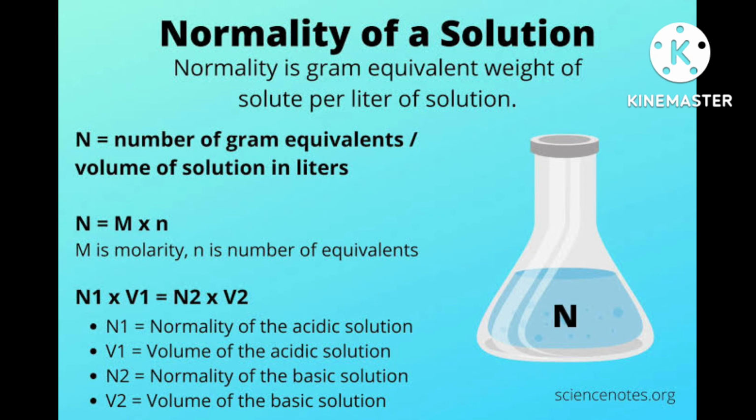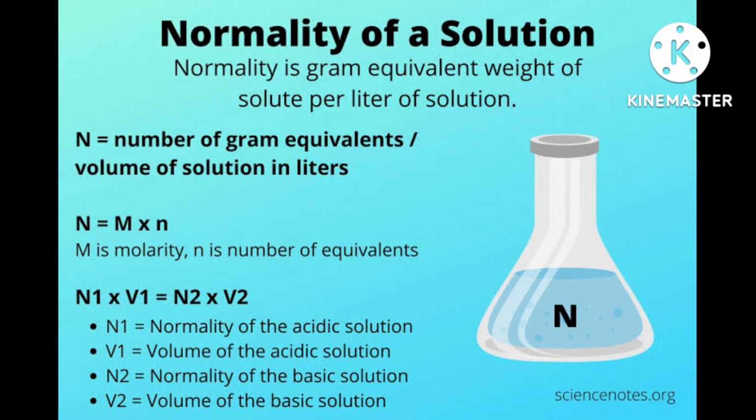But if you take H3PO4, phosphoric acid, then here 3 replaceable hydrogens are there. The molecular mass of H3PO4 divided by 3 gives you the equivalent mass of phosphoric acid.